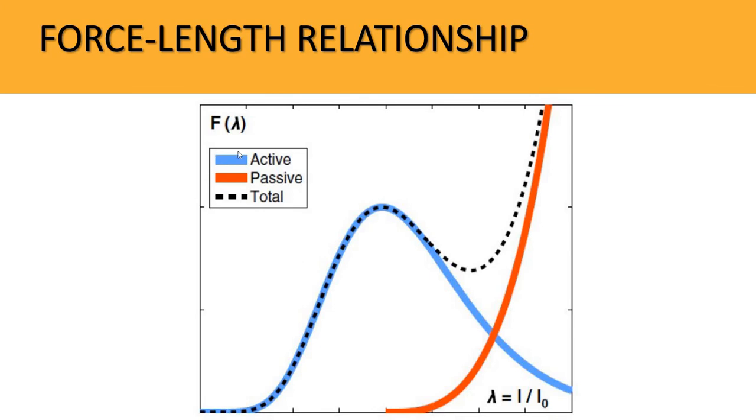This active force comes from myosin and actin, as we said before. The red line represents the passive force that is produced in the muscle. You notice you can produce a lot more passive force than you can active force. This is the force that is produced when your muscle is being stretched and placed under a stretch. The dotted line represents a combination of the two.